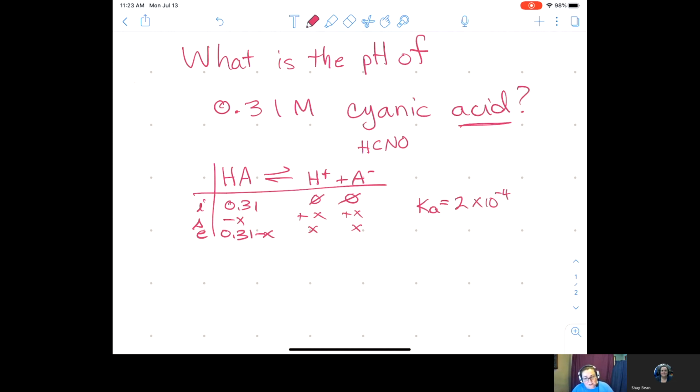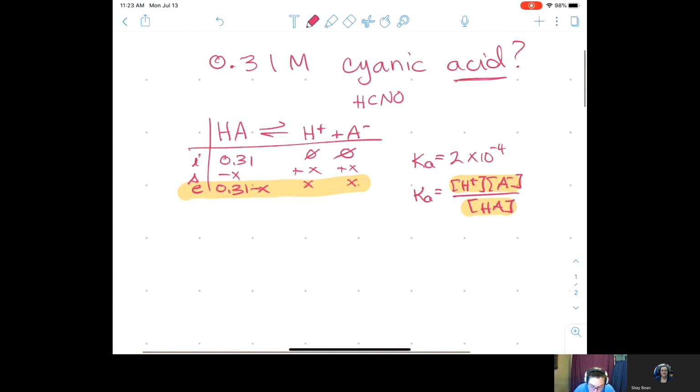Most of them have 2 sig figs. This one only has 1. We're still going to go to 2 decimal places on our pH. Remember that the formula for Ka looks like this, and we need the equilibrium values to put in that Ka expression. And so that's where we're going from.